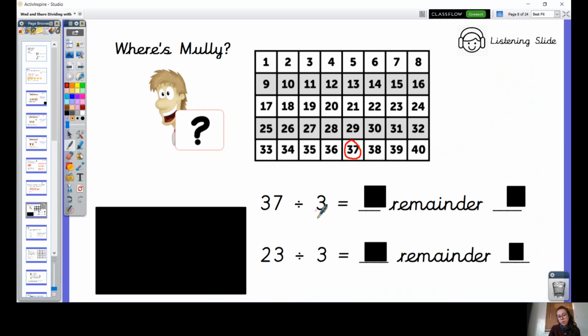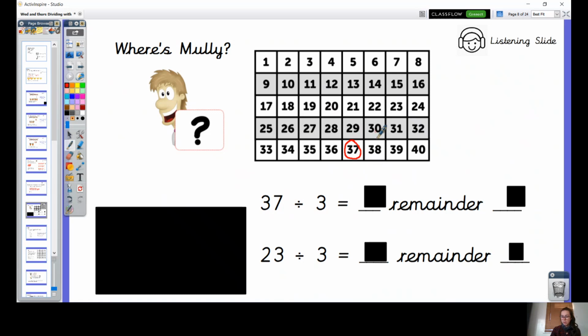And now, because I'm dividing by 3 today, I'm going to think about my 3 times table. What's the largest multiple of 3 that's going to fit into 37? What's the biggest multiple of 3 I know without going past 37?